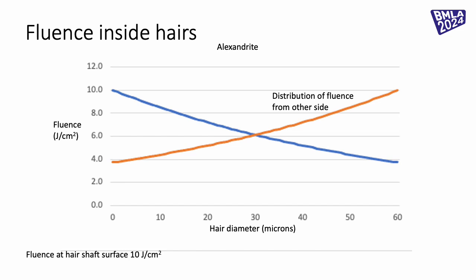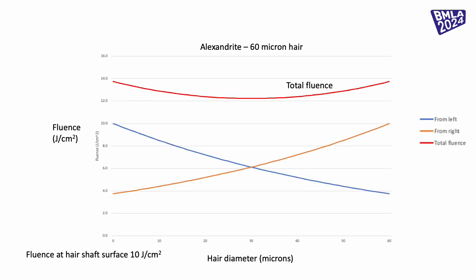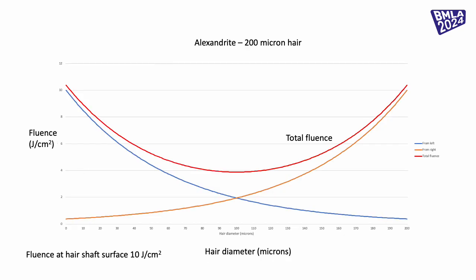What this means is that the total fluence in the hair, this is a 60 micron hair, so quite a thin hair, is just under 14 joules per square centimetre at the surface, and at the centre of the hair it's slightly more than about 12 joules per square centimetre. That's because fluence is additive. It's coming from both directions in this model. In the 3D world, it's coming from all directions, but we can add them up like this to find the total fluence distribution in the hair.